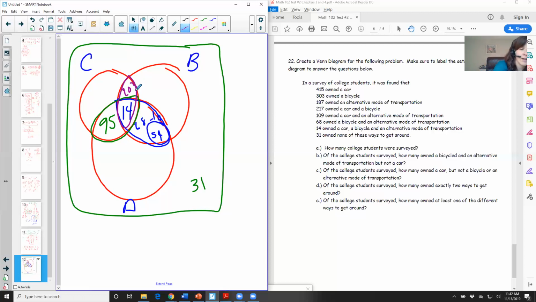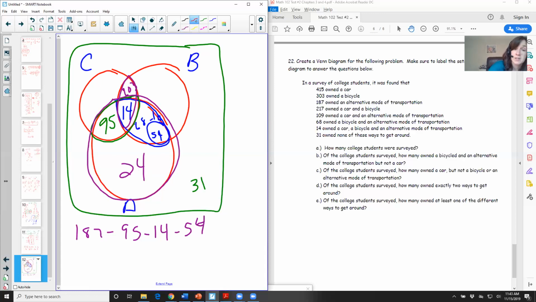But here's the thing. Out of that 187, I have everybody that's in this whole circle already. So I have to take that 187 and subtract away 95, subtract away 14, and subtract away 54 because I already counted them. Okay, so 187 minus all of that is 24.